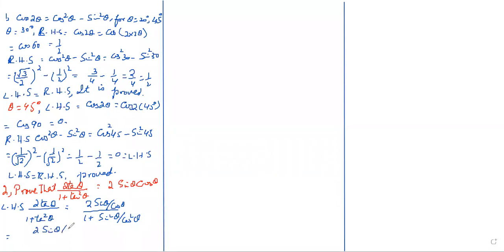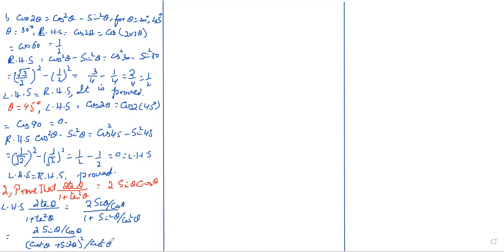Taking the LCM, we get cosine square theta plus sine square theta divided by cosine square theta.